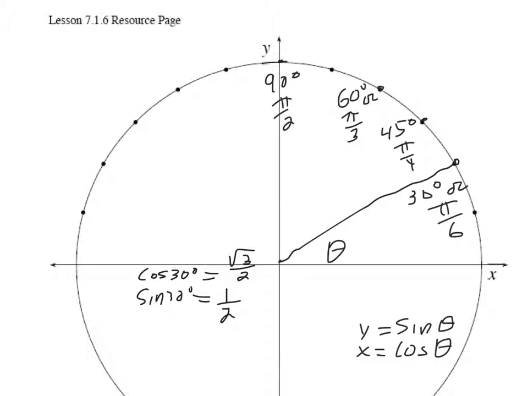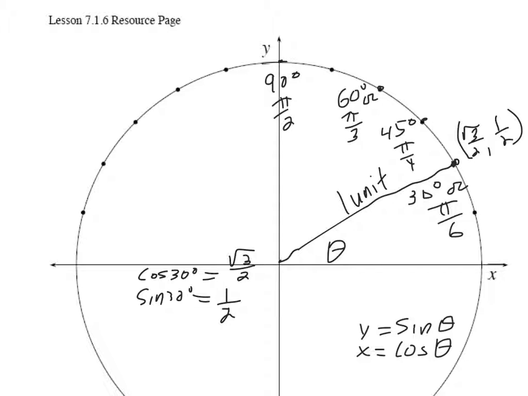Well, it doesn't matter whether you are using degrees or radians, that point on a unit circle that has a radius of 1 unit is still the square root of 3 over 2, comma 1/2.